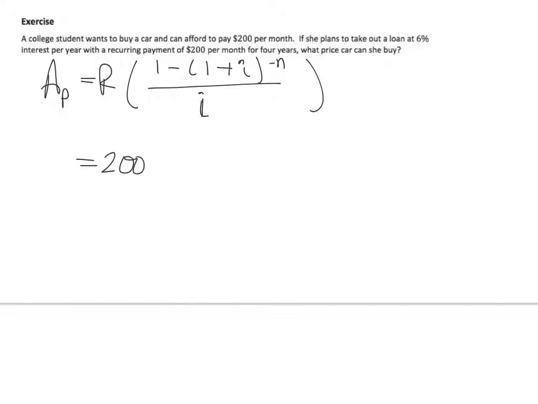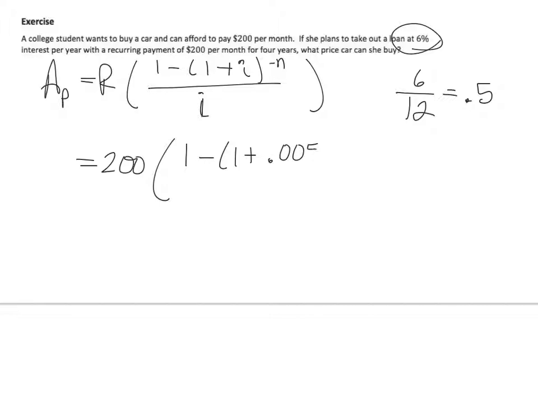Okay, the recurring payment is $200. I have 1 minus 1 plus, and for i, 6% interest per year, divided by 12, would be 0.5%. That's in percentages, so let's change that to decimals, 0.005, to the negative 40. Are all these making sense? Over 0.005.